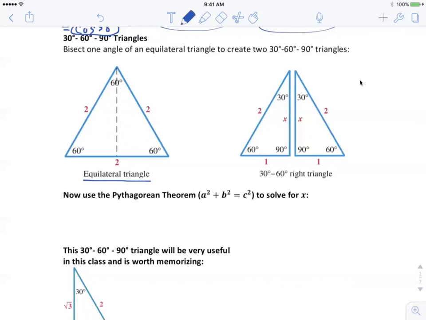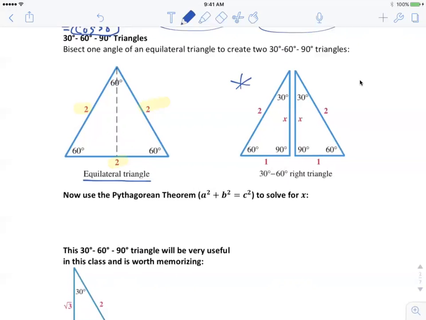So we've got 60 degrees in all of the angles there, and we're going to bisect it, cut it in half, right? Also, just to have some numerical values, we're going to assume that all the sides are unit 2, right? So notice all of them have 2 there, okay? And we're going to bisect that, which is over here, right?